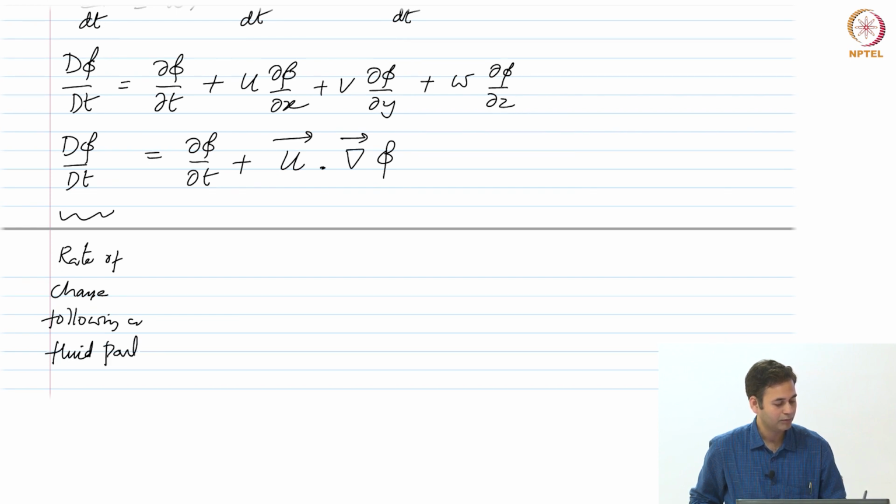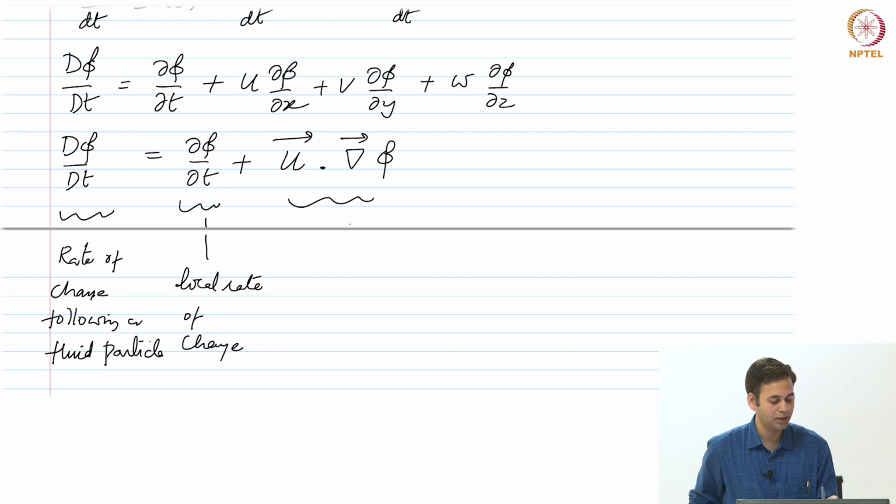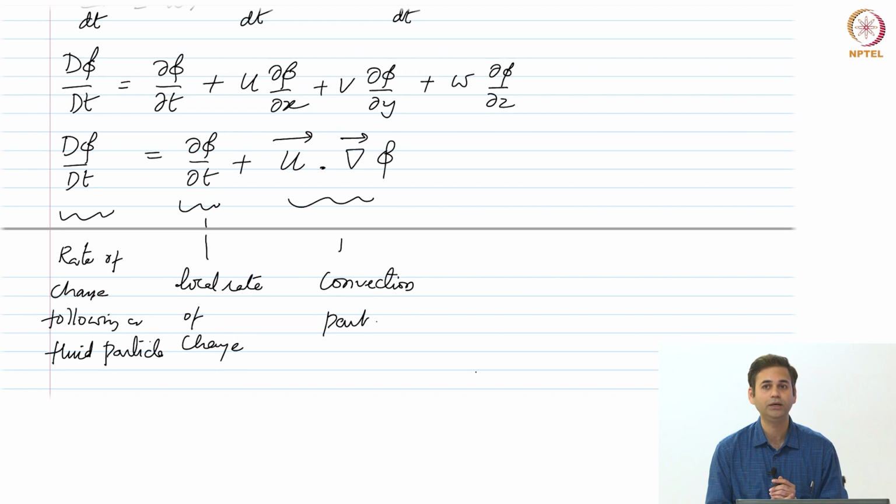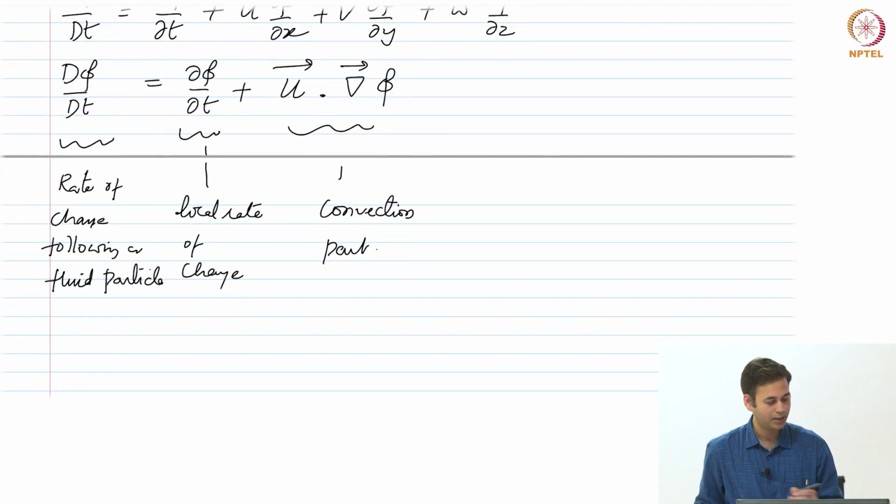This would be the local rate of change, and this would be the convection part of the change in phi. So this is the convection part. So we now have two expressions for the same quantity. On the left hand side, what do we call it?